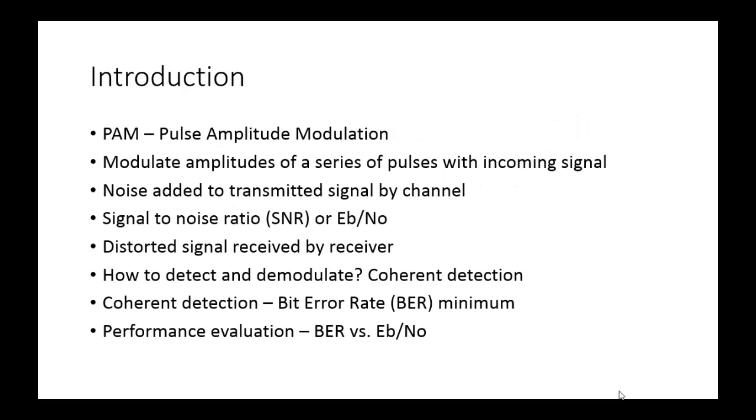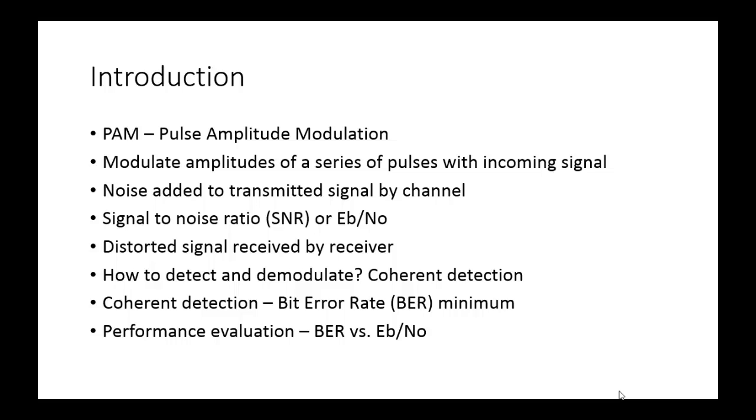PAM stands for Pulse Amplitude Modulation, where a series of pulses are modulated with the incoming signal. The incoming signal then passes through a channel where noise is added to it.